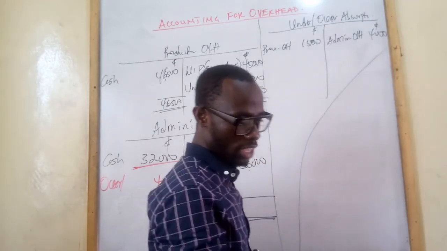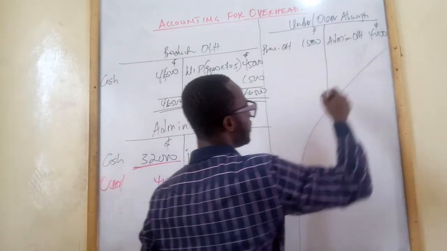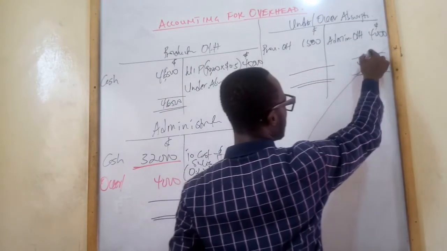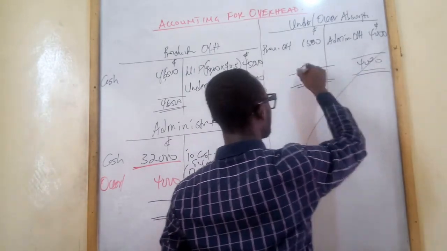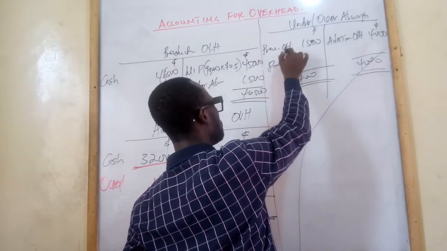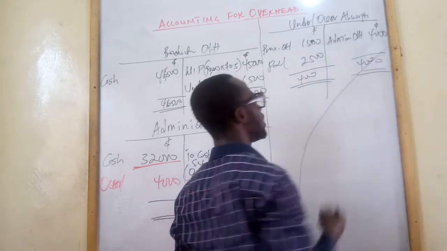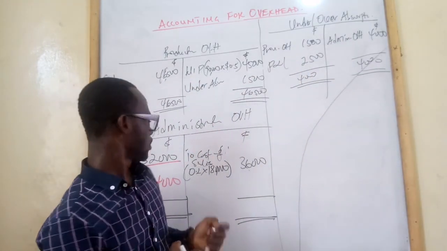So that is what you have to understand in relation to that. The difference will go to the profit or loss account for the year. So 4,000 and 1,500, the net will go to P&L as 2,500. That is the total thing.